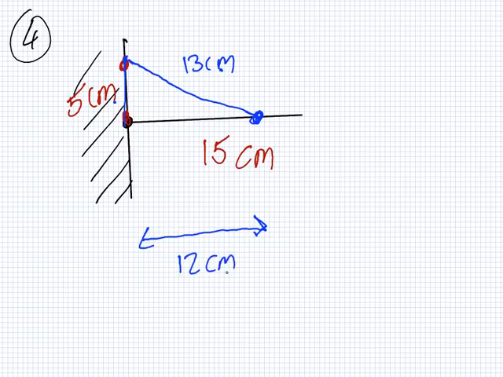I know exactly what you typed in. You typed in square root of 5 squared plus 13 squared, didn't you? But it will be minus. You forgot, it's minus, because you're looking for this side. You have x squared plus 5 squared equals 13 squared.